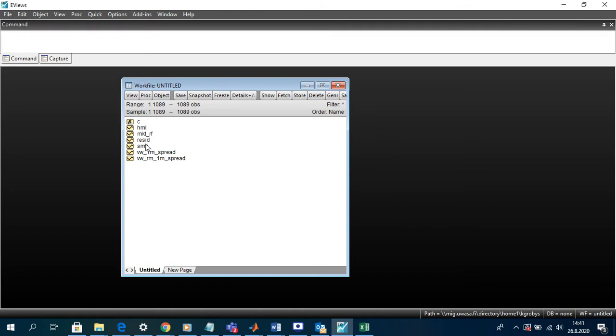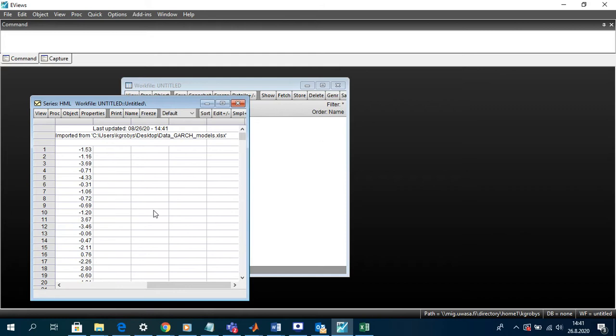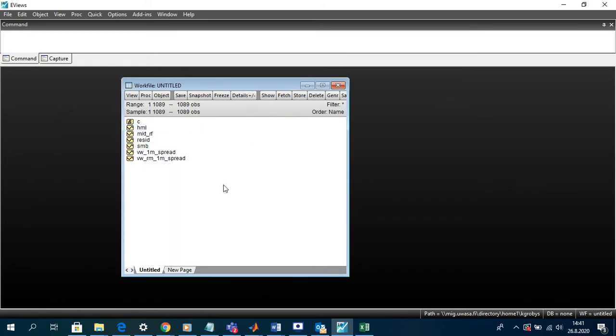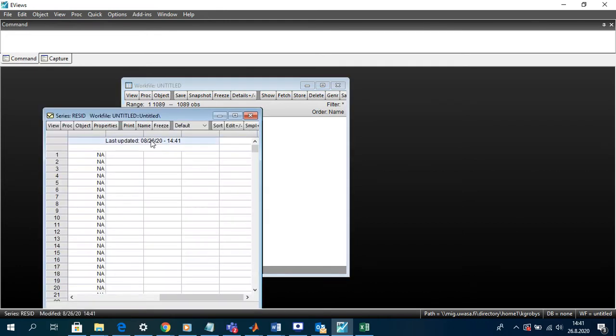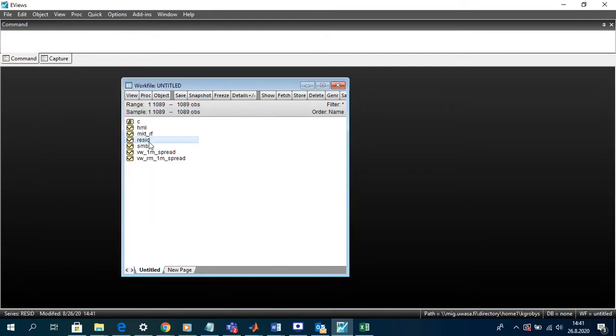So now what we have here is the HML factor. Double click, and it shows you the time series evolution of this vector. We have the market factor in excess form, and we have the size factor. And resid, if you double click, is not available yet. EViews stores the residuals there if you run a regression, so this empty resid vector is always there by default.